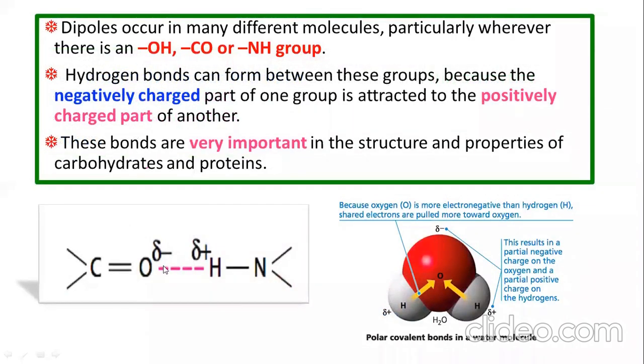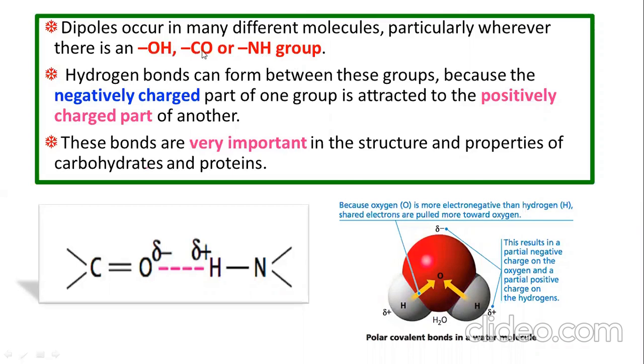You can check here, this is a hydrogen bond between two water molecules. And these bonds are very important in the structure and properties of carbohydrates and proteins. Am I clear? This is hydrogen bonding. You can check, dipoles occur in many different molecules, like oxygen and hydrogen, and carbon, oxygen, and nitrogen and hydrogen groups, right?